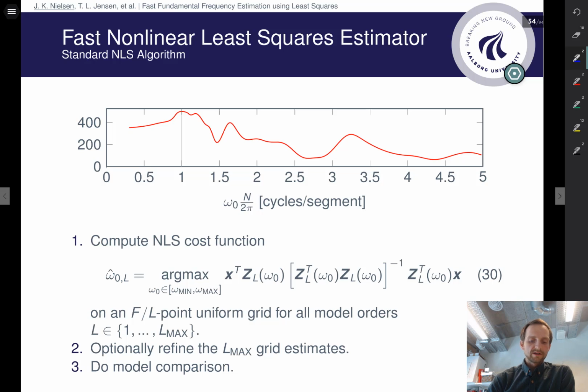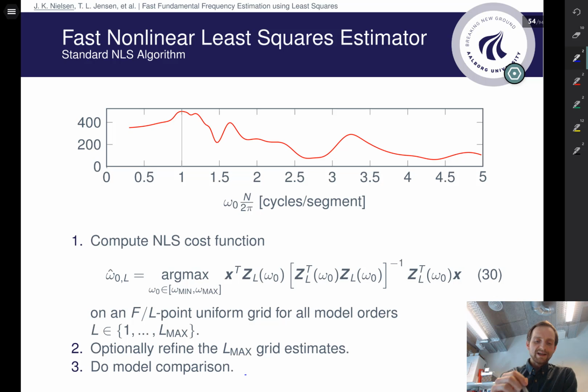So we have now found the grid estimates for all the candidate model orders, and then we can add a penalty term to the log likelihood, and that will penalize model complexity. And then we can estimate the model order.